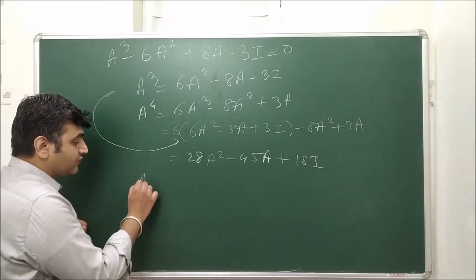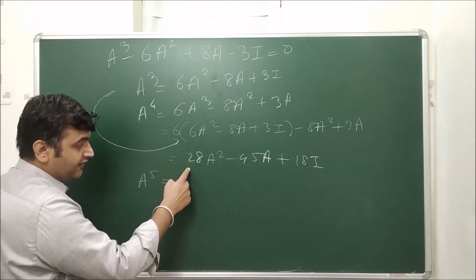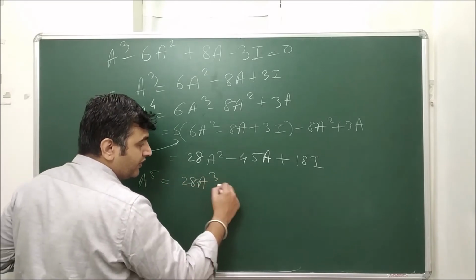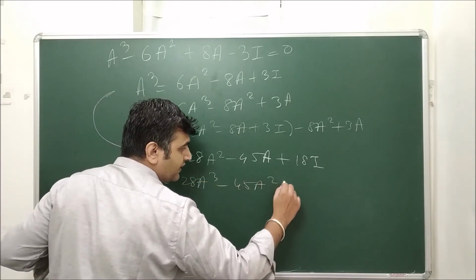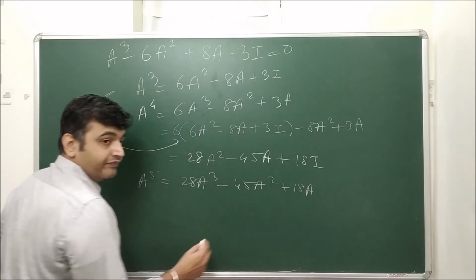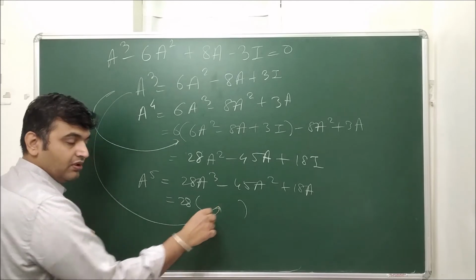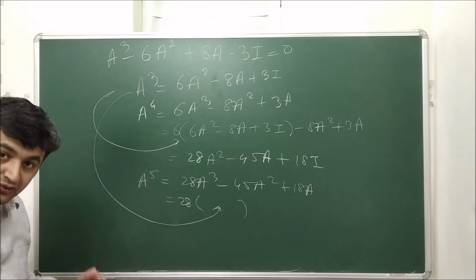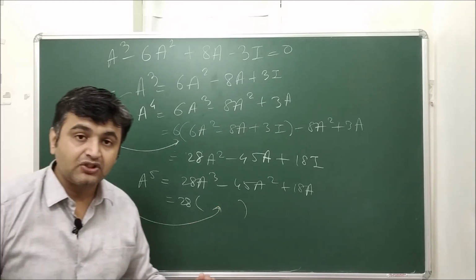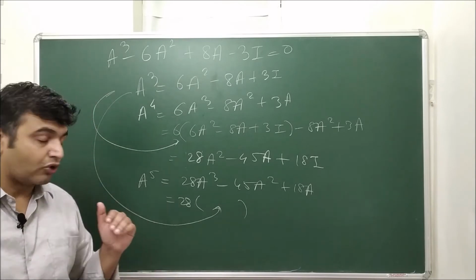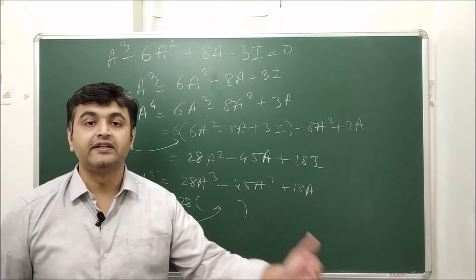Similarly, you can write A raised to 5. So multiply by A again. So it is 28A cube minus 45A square plus 18A. Then this is 28. Again you put the value of A cube over here. So again A raised to 5 also can be written as a combination of powers of A, a combination of A square, A and identity.